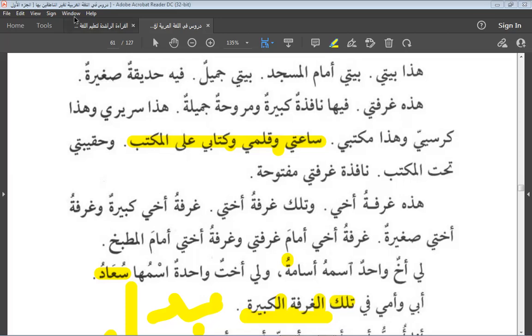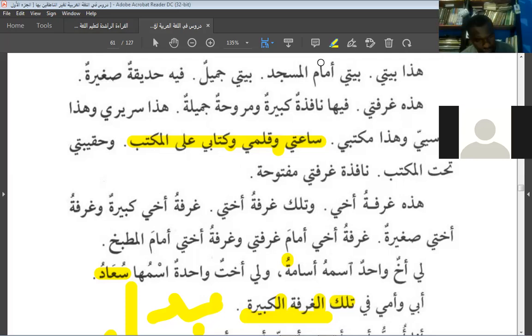After a'udhu billahi min ash-shaytan ir-rajim: التائبون العابدون الحامدون السائحون الراكعون الساجدون الآمرون بالمعروف والناهون عن المنكر.